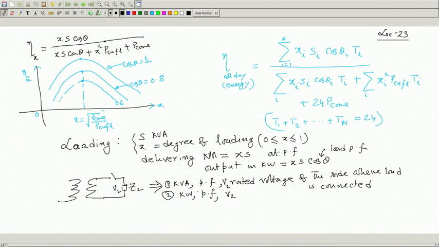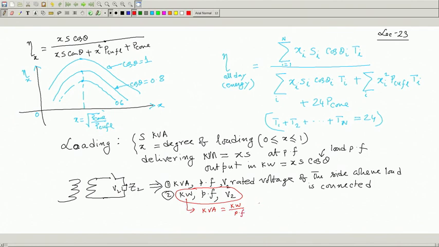However, students sometimes make a mistake. If the load is specified in terms of kilowatt, power factor and V2, to calculate x, mind you, you must bring it to kVA. That change we have to do. If kilowatt is given, kVA will be equal to kilowatt by power factor.